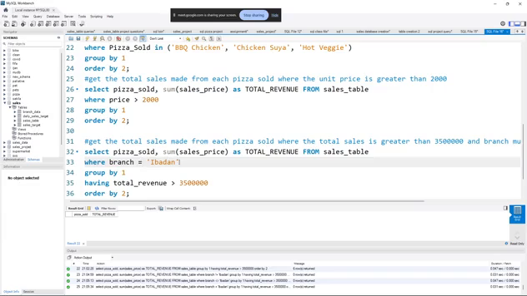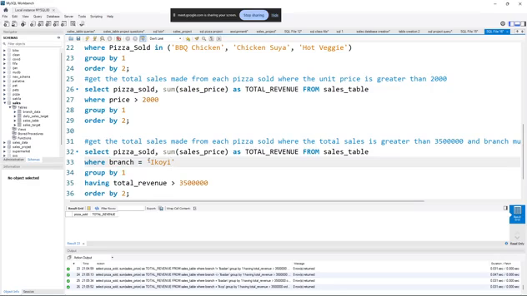What's happening? Can we check and see how many branches even have over that 3.5 million first?